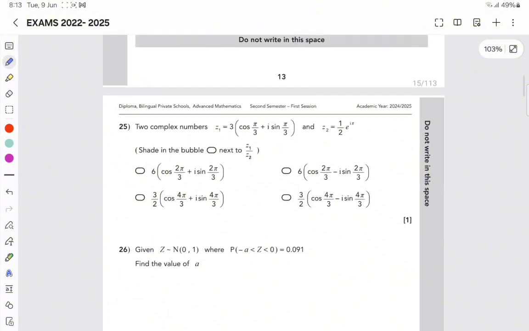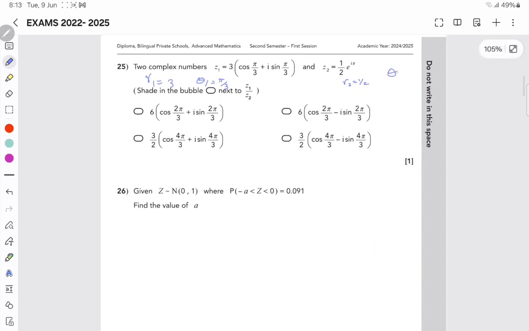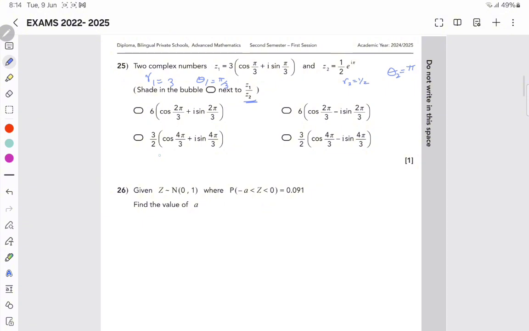Here in the second question, Z1 is given in polar form. So we state that R1 equal 3 and theta 1 is equal pi over 3. The second one is in polar form, so R2 is equal 1 over 2 and theta 2 is equal to pi. So to find Z1 divided by Z2, when we divide two numbers, we just divide R1 by R2.